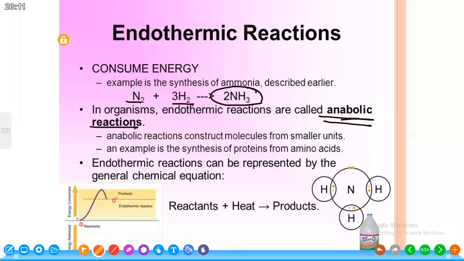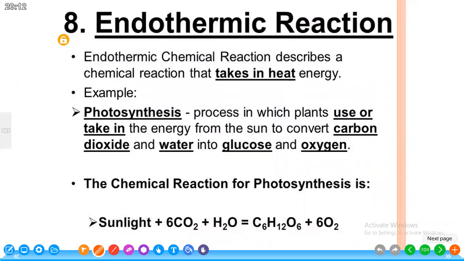Anabolic reactions construct molecules from smaller units, and an example is the synthesis of protein from amino acids. So the reactants use heat and produce the product, which is called an endothermic reaction. The definition of an endothermic reaction is a reaction that takes in heat energy.